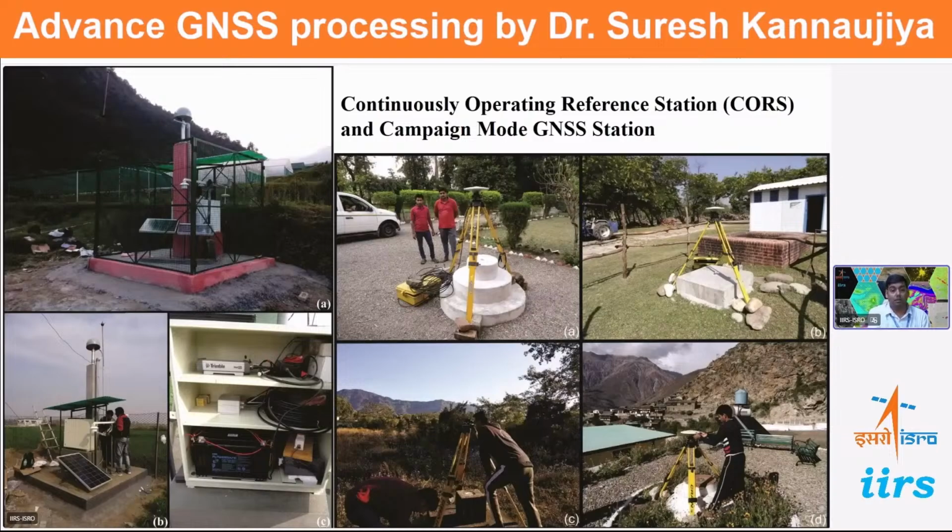But the difference between these two is that one is continuous and one is episodic. The campaign is mainly episodic. If we don't have a budget, we have to go for episodic measurements, and if you have a good budget, we can go for continuous measurement.